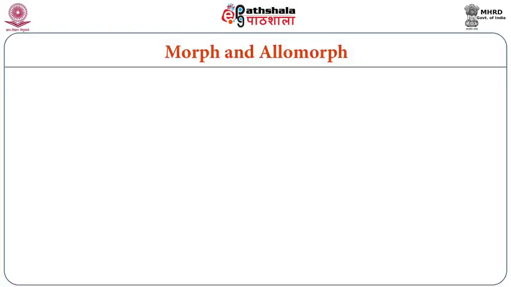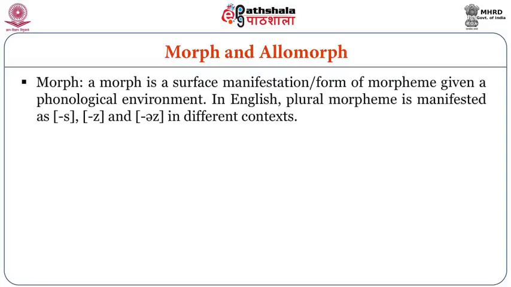Now when we say morph and allomorph, previously we discussed phoneme and allophone, now we are discussing morph and allomorph. A morph is a surface manifestation or form of a morpheme given a phonological environment.